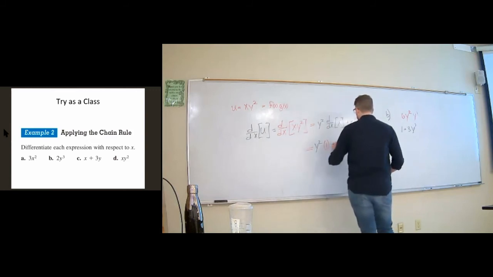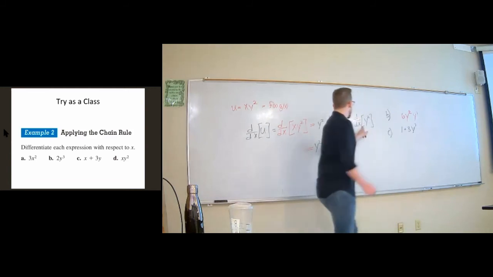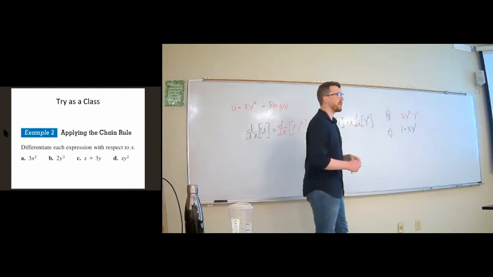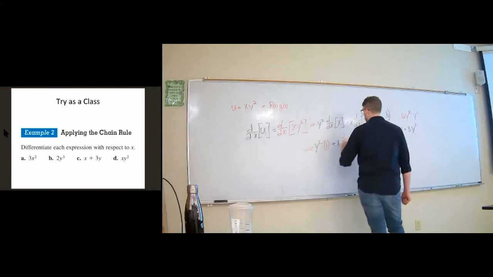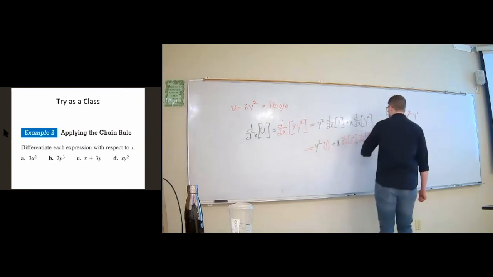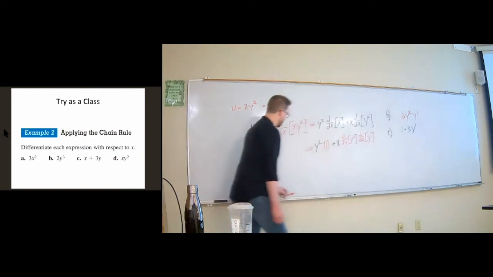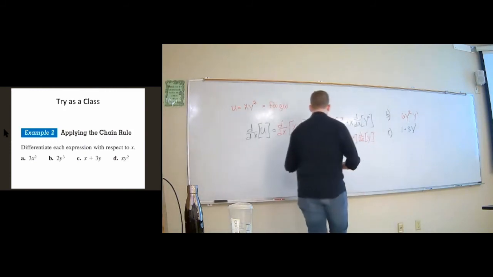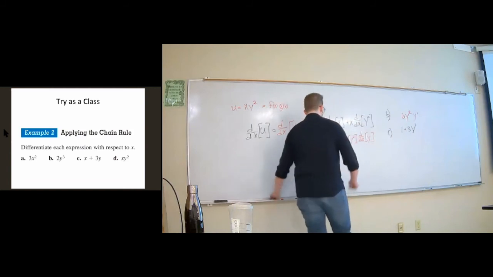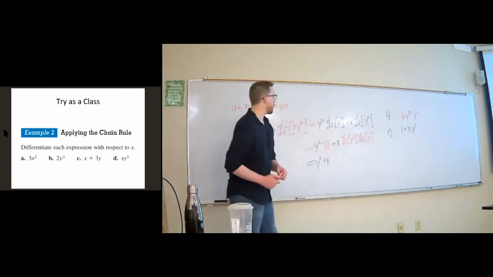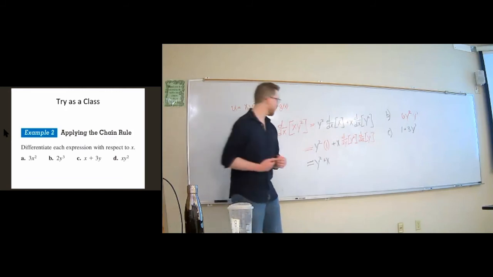Plus x times, well, the derivative of y squared with respect to x, we're going to have to apply the chain rule again. This is going to be d dy of y squared times d dx of y. So we get y squared plus x times y squared differentiated with respect to y is going to be 2y.